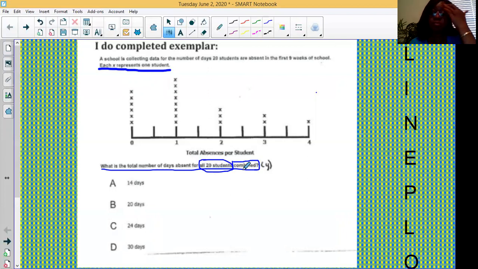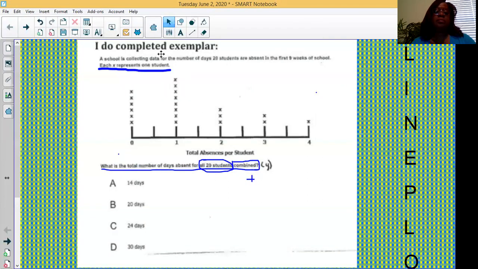And of course, we know when we see the word combine, we know at some point when we annotate that there's going to be some type of addition in a few minutes. Also, we're going to box in the word total. Because again, total, it's obviously going to mean to either add or to multiply. And in this case, it means to add.